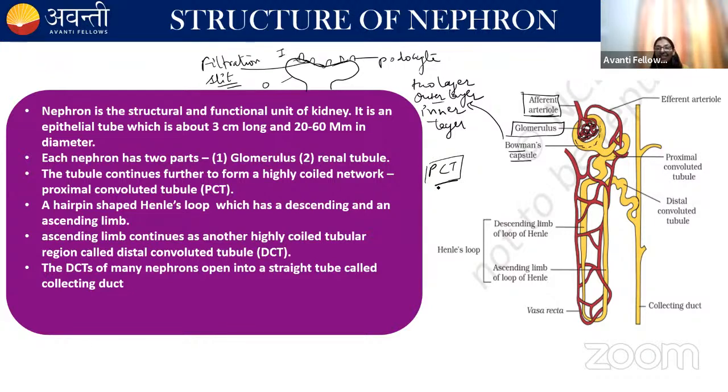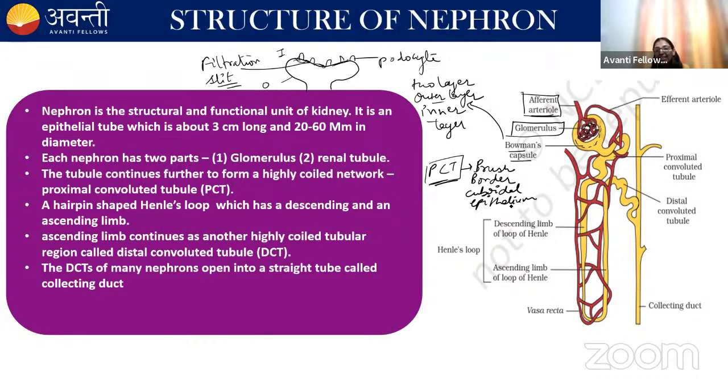That is why we call PCT the place where essential reabsorption takes place. And PCT is lined by brush border cuboidal epithelium. Remember this, very important.